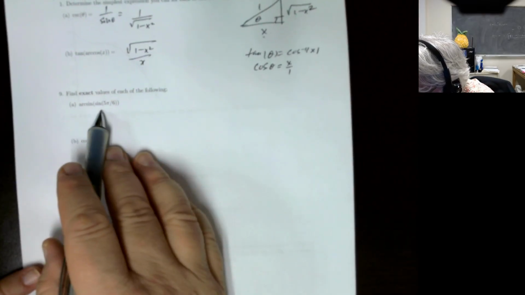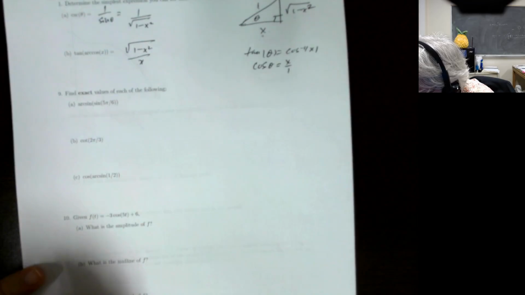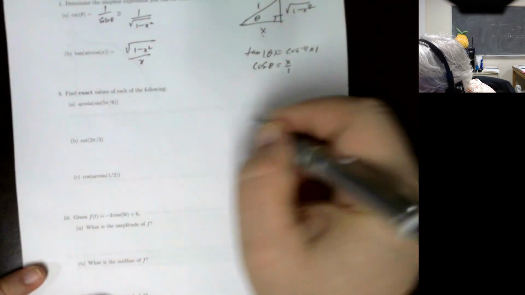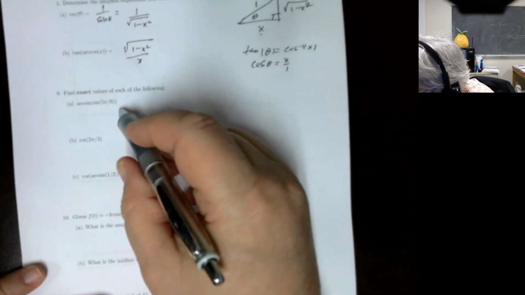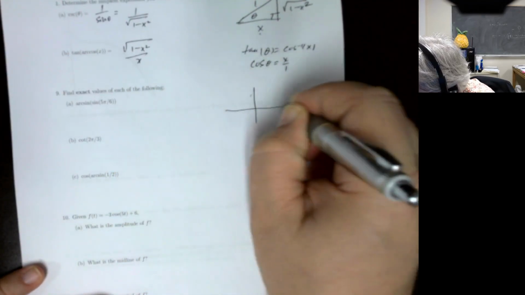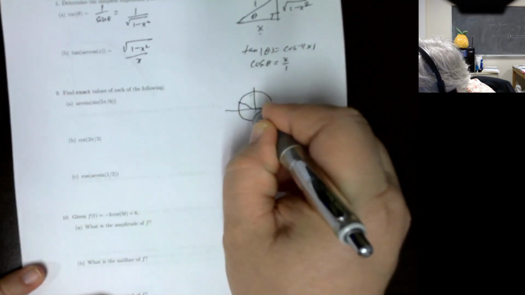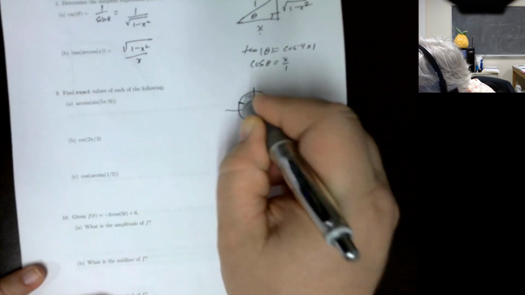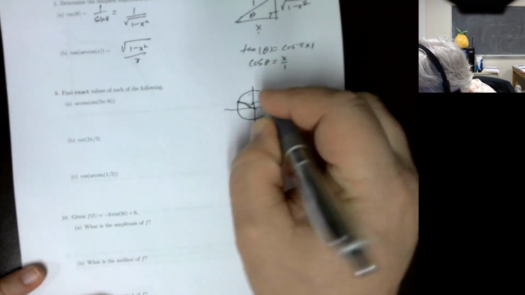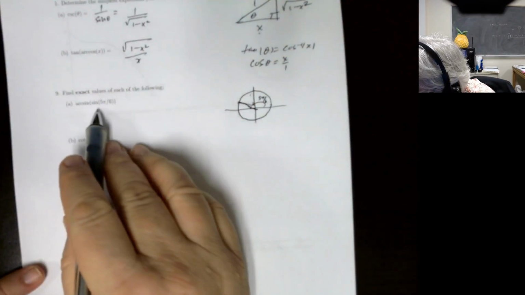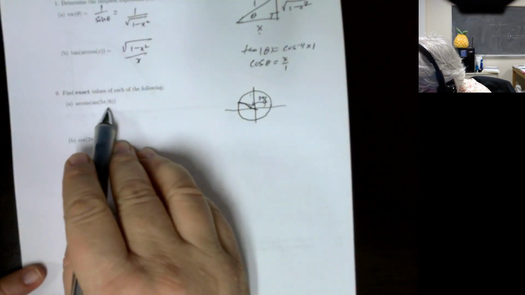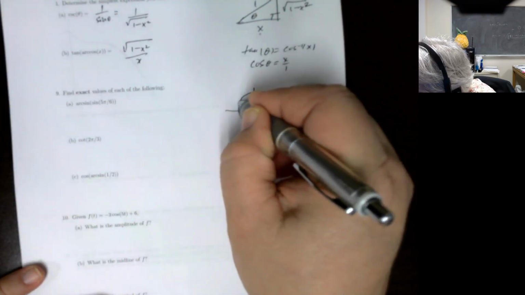Let's see, arc sine of the sine of 5 pi over 6. What's that going to be? Well, where is 5 pi over 6? On the unit circle here, 5 pi over 6 is pi sixths away from pi, right? So if I take the sine of 5 pi over 6, what's that going to be?